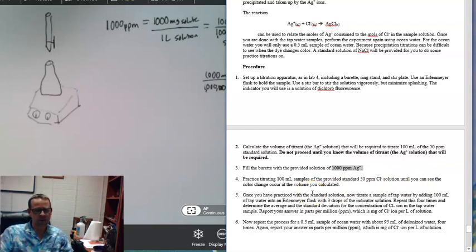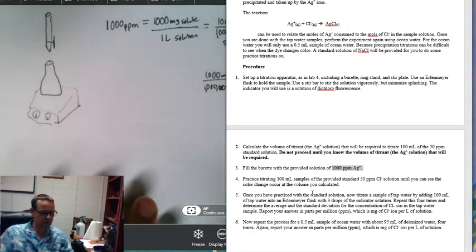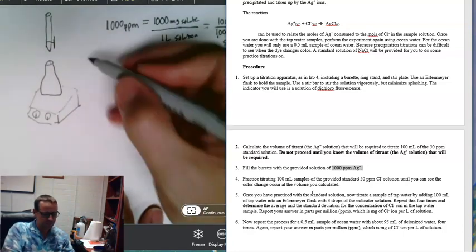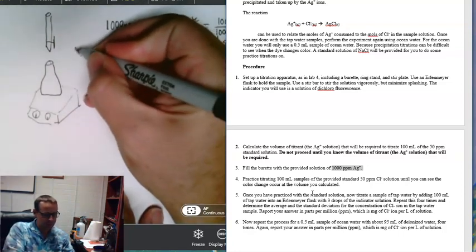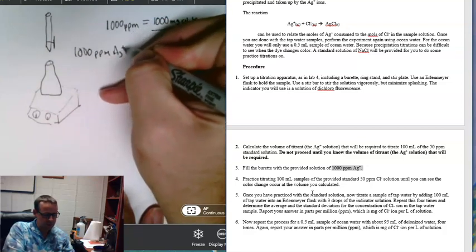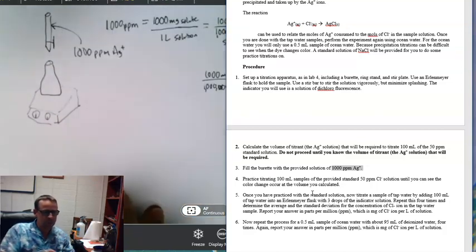Because often in titrations, and this is not an exception in this titration, it's difficult to see the color change that we'll be after. Right? So, we have 1,000 parts per million silver ion solution, and that's going to be in our burette.